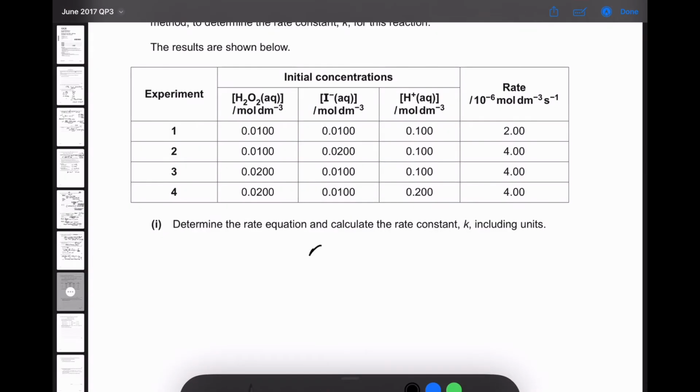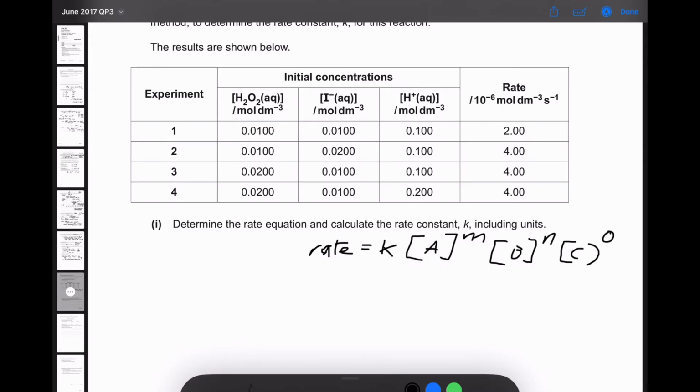Well, we always know that rate is going to be equal to some rate constant, k, times the concentration of A to its order, call it m, times the concentration of B to its order, etc., etc. So what are we going to do?